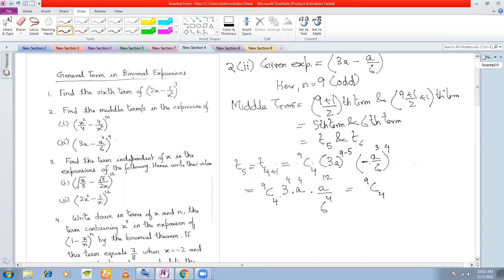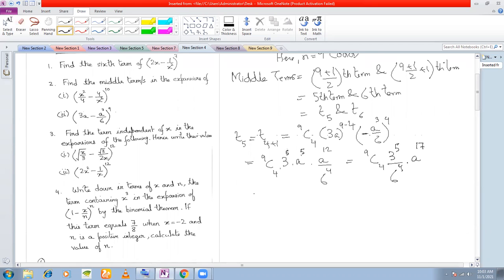I've made a mistake here. This should be 4 here. r is 4, n minus r. So this should become 3 to the power of 5 into a to the power of 5. Okay. So this is 9C4 into 3 to the power of 5 by 6 to the power of 4 into a to the power of 17.